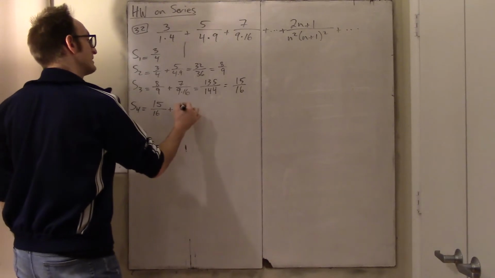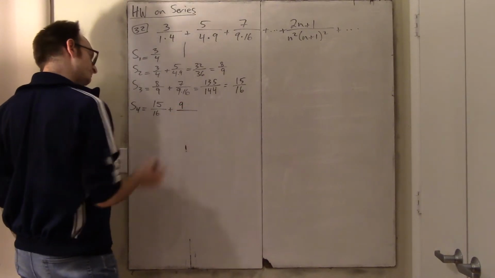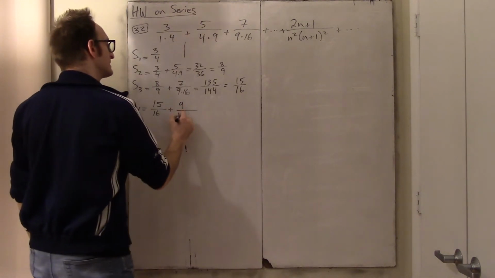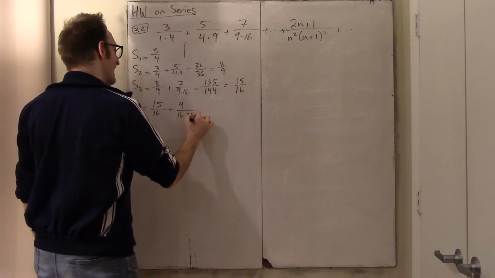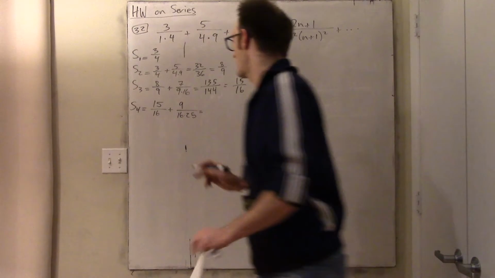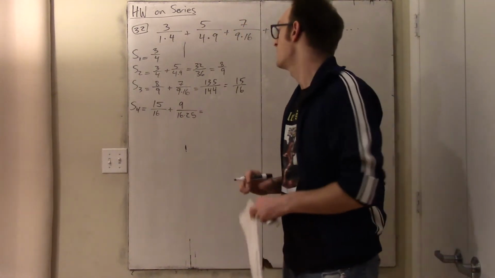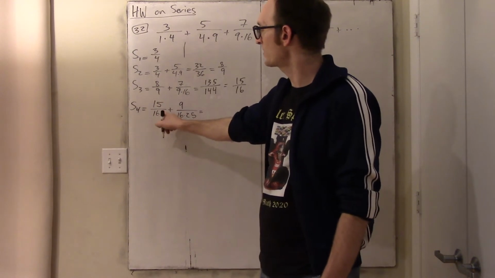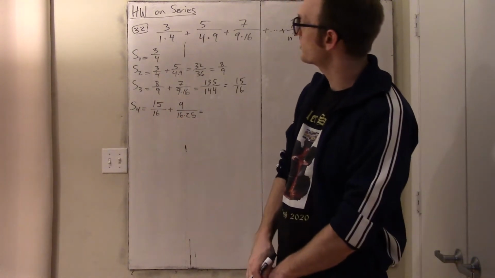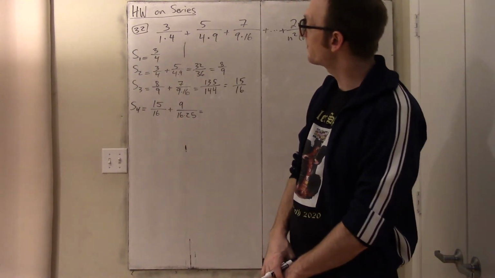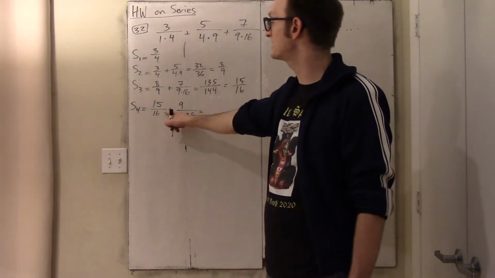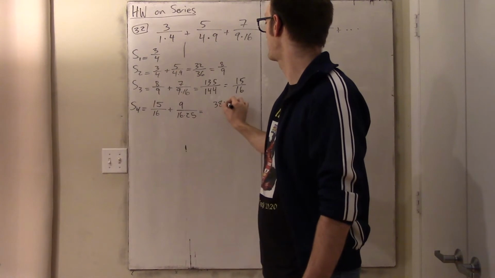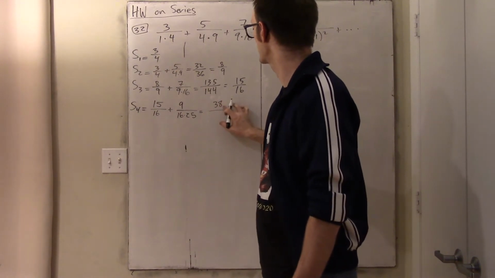So therefore, the 4th term of the series has a 9 on the top and 16 times 25 on the bottom. I need to multiply by 25 over 25. What's 15 times 25? Well, that's 250 and 125. That's 375. 375 and 9 is 384 over 400.